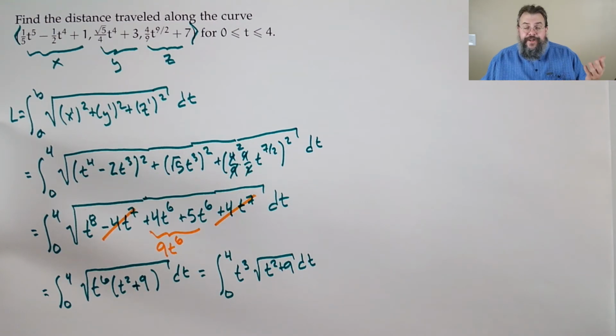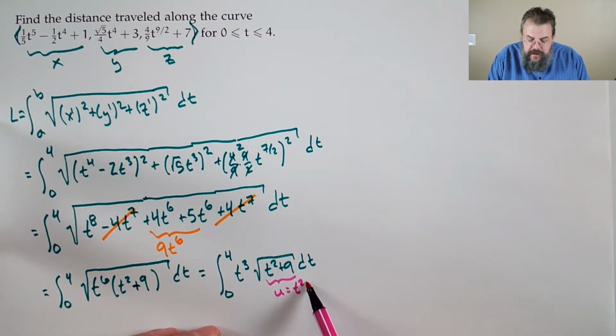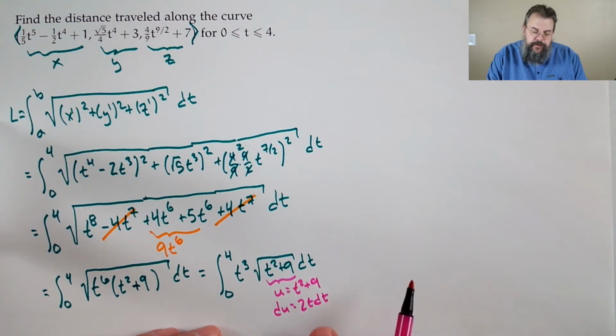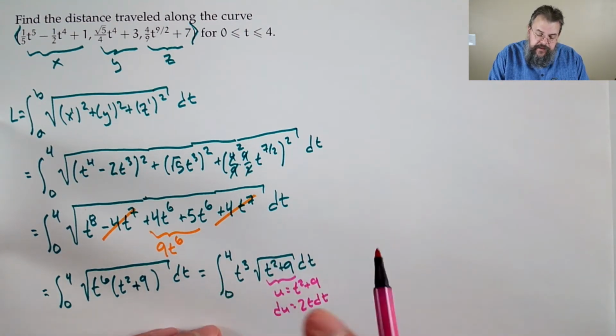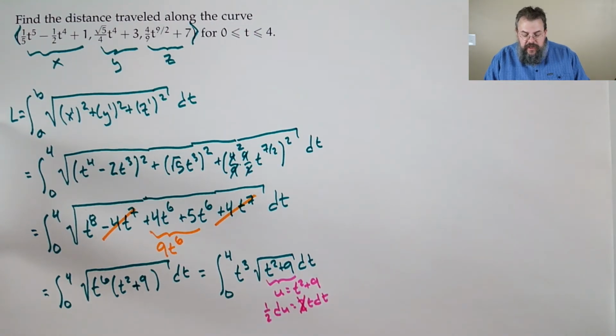That seems like a very strong candidate for substitution. So we'll say, hey, let's let u equal t squared plus 9. And then we can say du is 2 times t times dt. Now, this 2, we could put a 2 there and a half there, or another way we can do it is we can actually just write this as a half du is t dt.